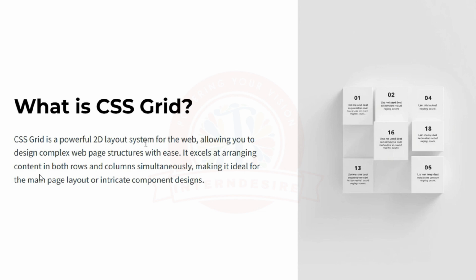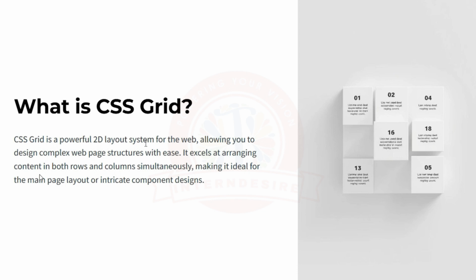CSS Grid is a layout system in CSS that allows us to design web pages using rows and columns. CSS Grid is a powerful 2D layout system for the web, allowing you to design complex web page structures with ease.